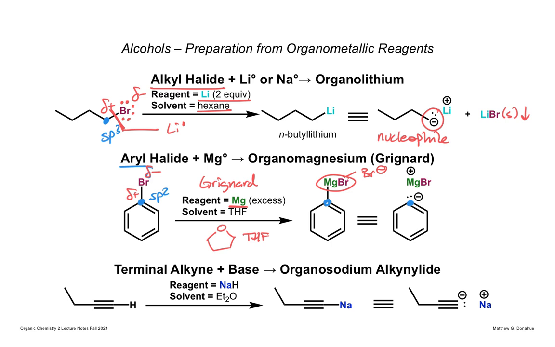And then the last set here for hybridization, a terminal alkyne is when you have an sp hybridized carbon, and then you have that H. And again, that makes that H pretty acidic. I think the pKa is about 15.